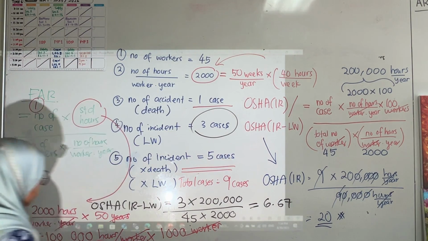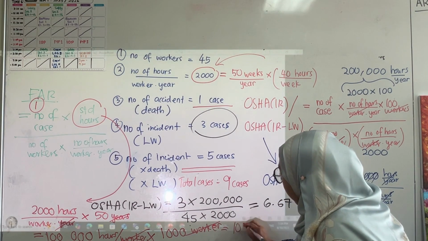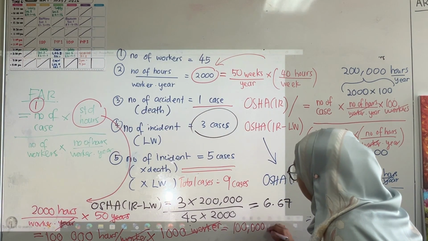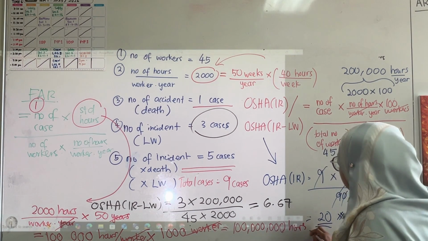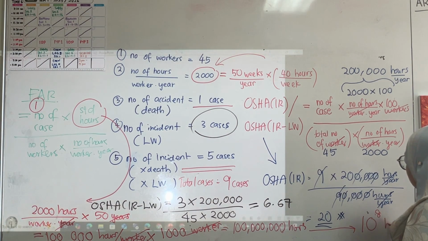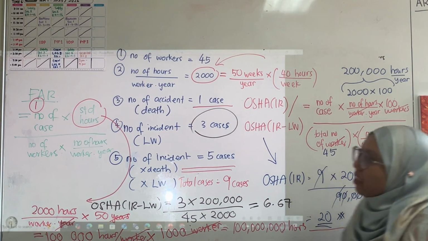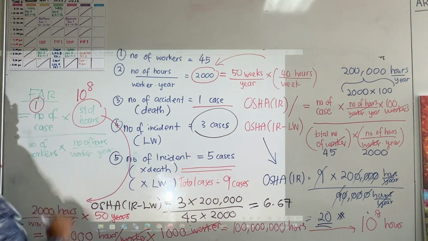So you will have finally 100 million hours. Usually we write this as 10 power of 8 hours. That is the standard hours, 10 power of 8 hours.